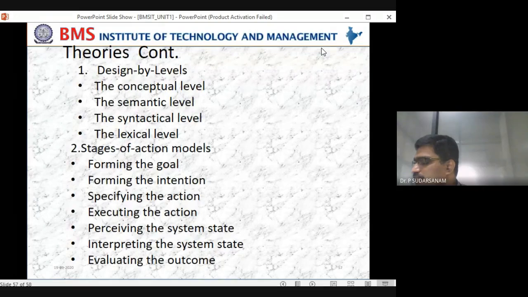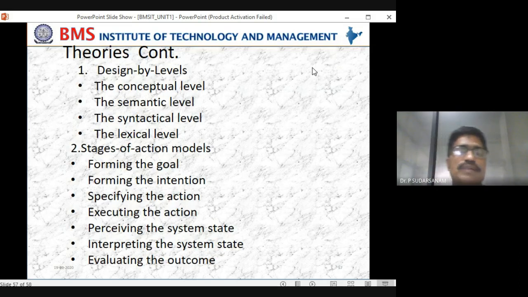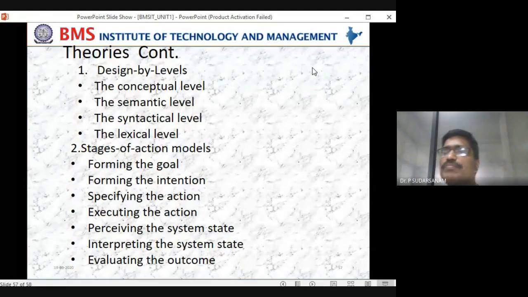Now you have the syntactical level. What is the syntactical level? Syntactical level is assembling the complete sentences containing a particular task. For example, if you are clicking something, for that you have to get the complete picture.